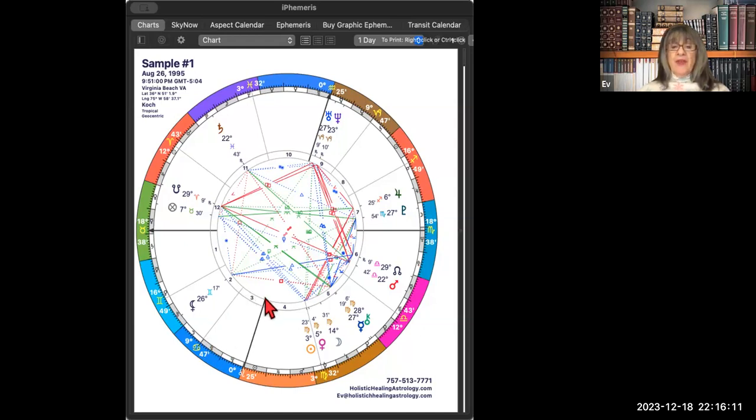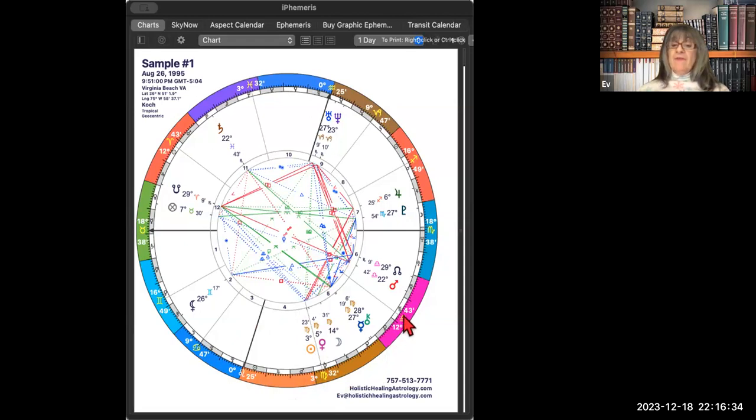The fourth house cusp, or the IC, the root of your chart, is 0 degrees Leo, 25 minutes. And then the fifth house cusp, or edge, is 3 degrees Virgo, 32 minutes. You see?